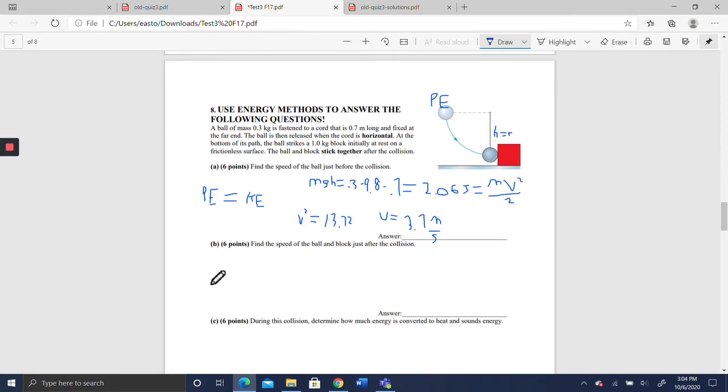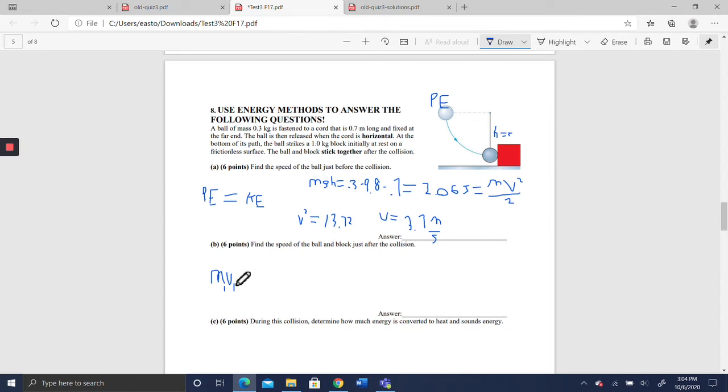So we have our initial mass, which is the mass of the ball, mass 1, times v1, or ball right before it strikes.